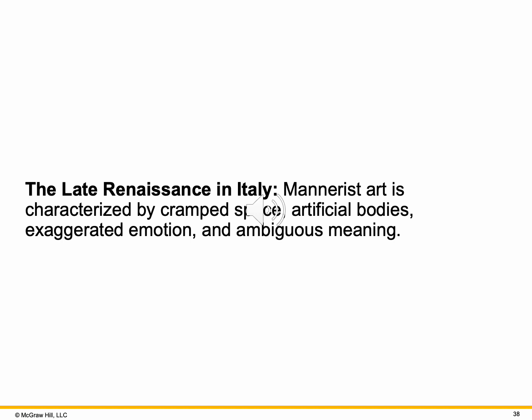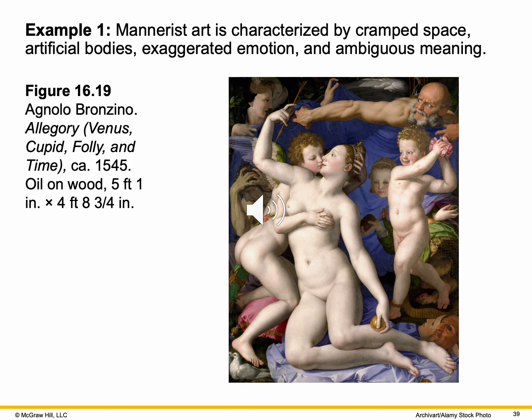The late Renaissance in Italy. Mannerist art is characterized by cramped space, artificial bodies, exaggerated emotion, and ambiguous meaning. Agnolo Bronzino's allegory illustrates some of the fascinating and unsettling characteristics of Mannerism.